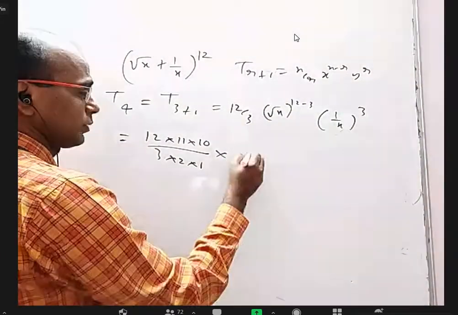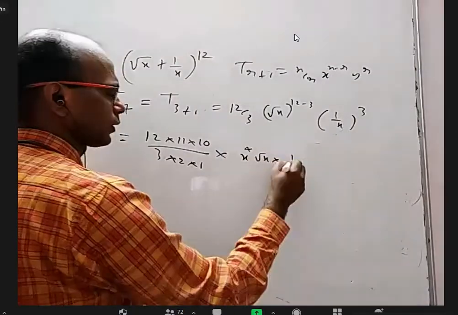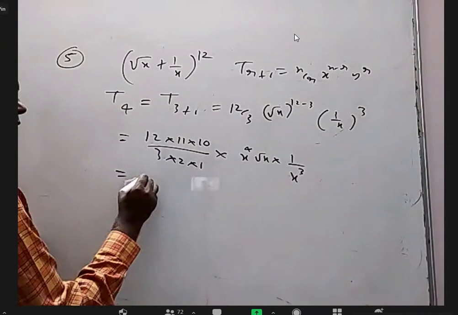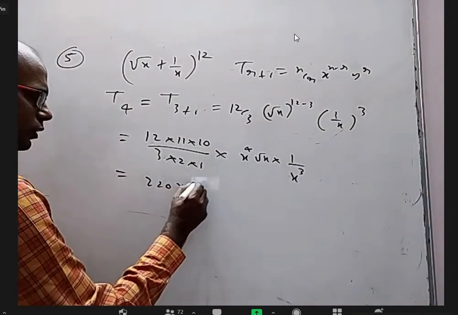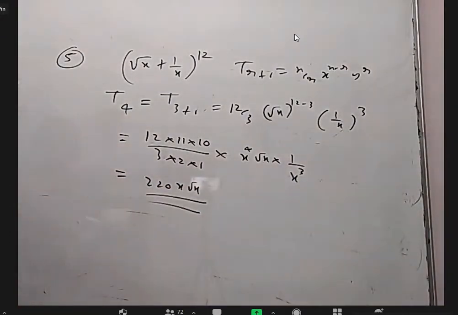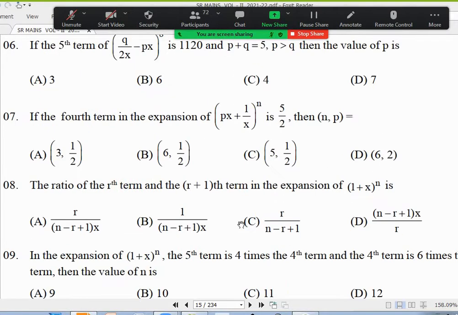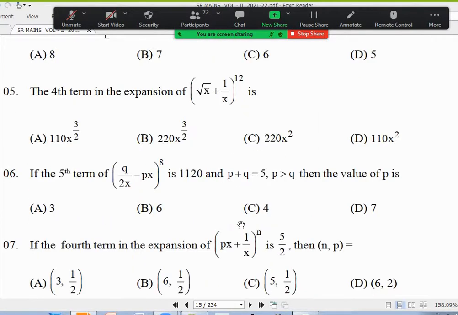Root x whole power 9 means x power 4 root x. And this is 1 by x cube. So 220 into x root x, x power 3 by 2.